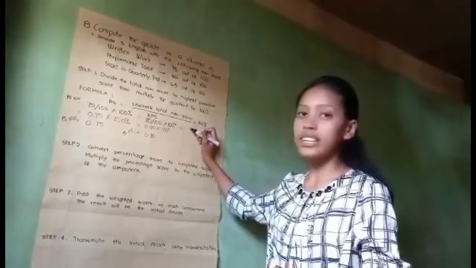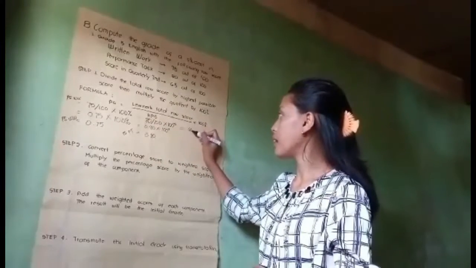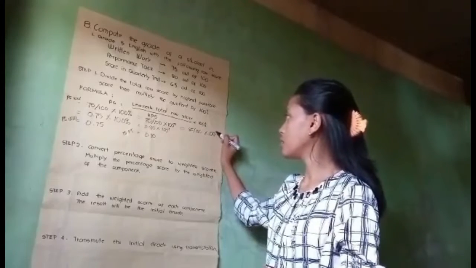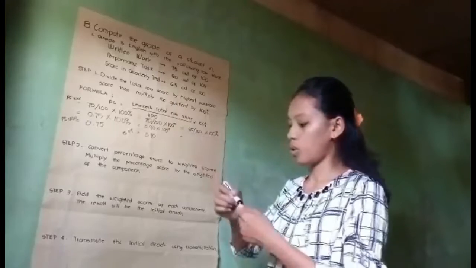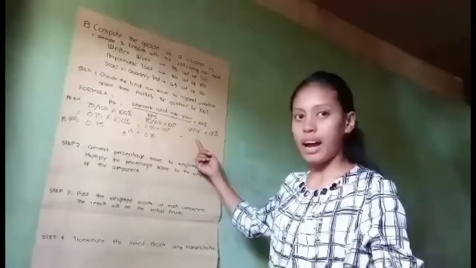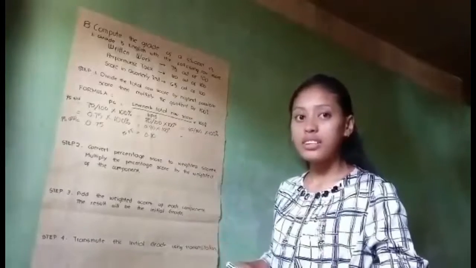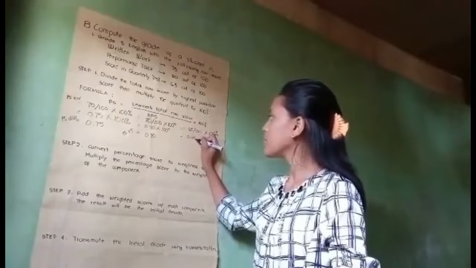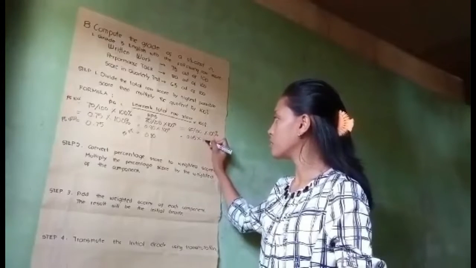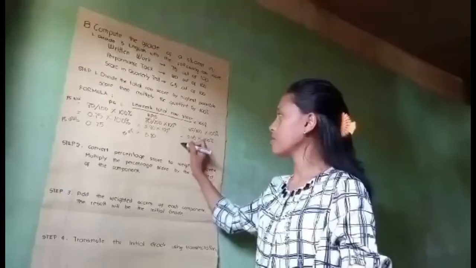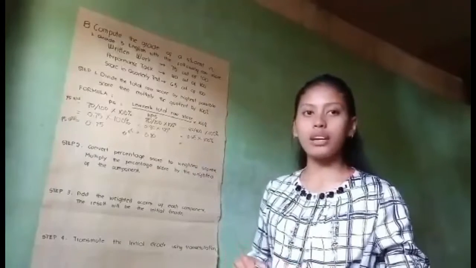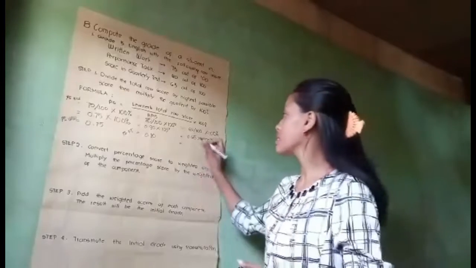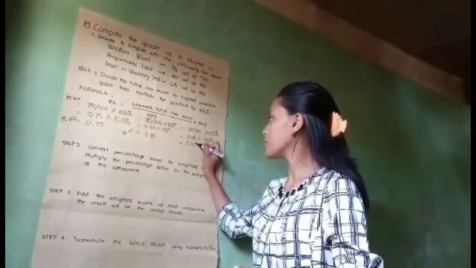And lastly is the quarterly test. This is 65 divided by 100 times 100%. So 65 divided by 100 is 0.65, times 100%, so the answer is 0.65.